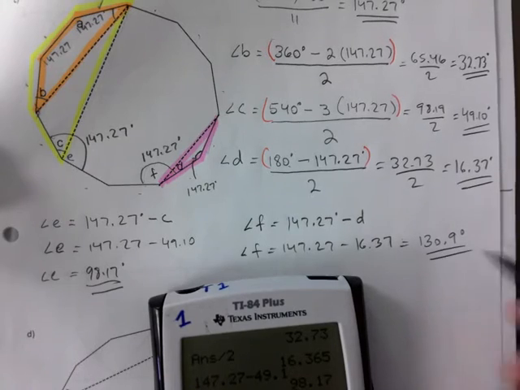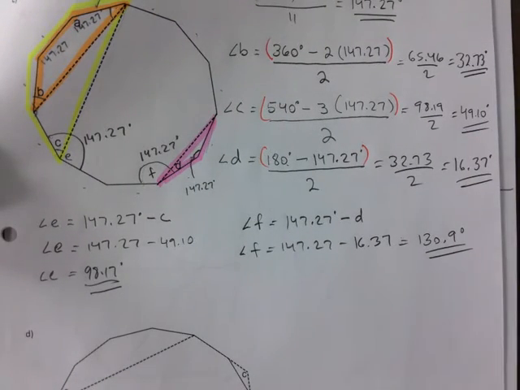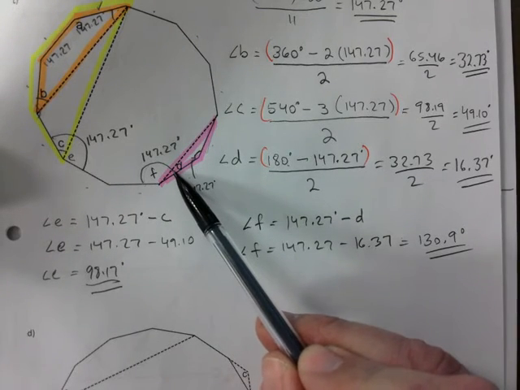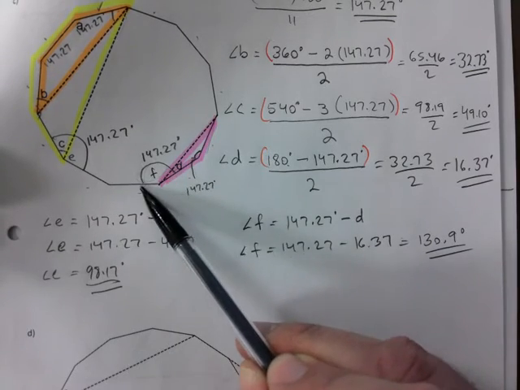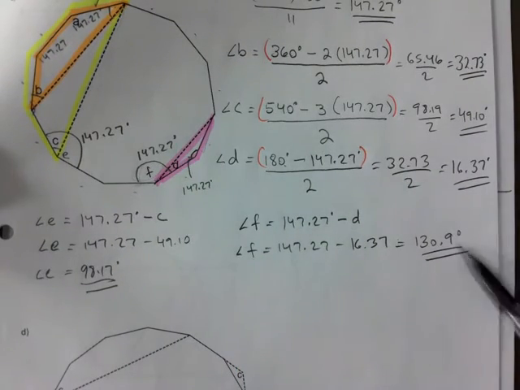So F is 130.9 degrees. In this case I didn't need 2 decimals, but I just subtracted that little D from 147 to give me F, which looks obtuse if you look at it. It does make sense that it's 130.9.